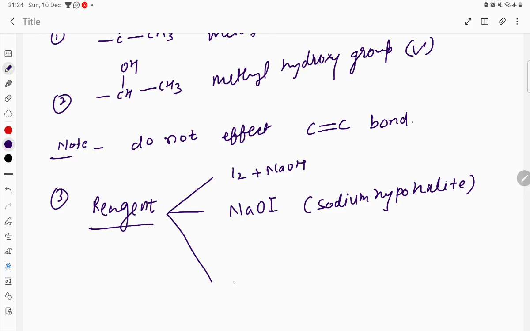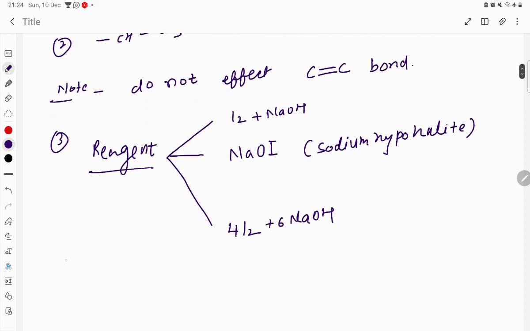In case of the balanced equation, it is 4 I2 plus 6 NaOH. What is the fourth point we need to consider? The product.